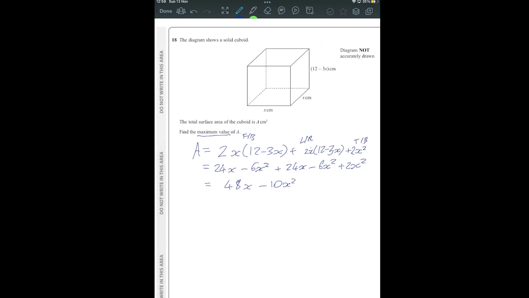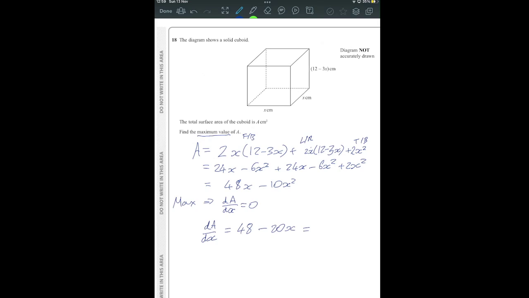We want to maximize this. Maximize implies that the derivative of the thing with respect to the variable equals 0. Differentiating that formula, 48x differentiates just to 48, 10x squared differentiates to 20x, bring down the power, reduce the power by 1.